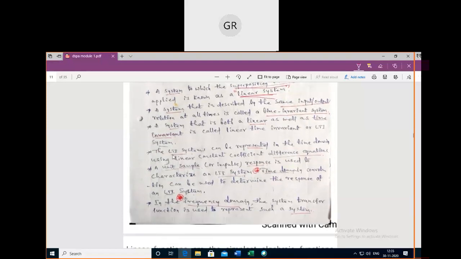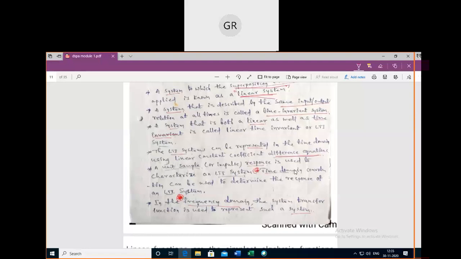Then we call it a linear time invariant system or LTI system. These LTI systems can be represented in the time domain using a linear constant coefficient difference equation. A unit sample or impulse response is used to characterize an LTI system.